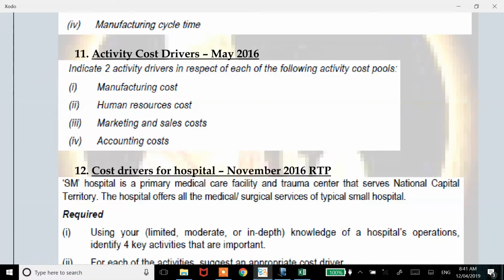You will learn when I do TQM, I can classify something as prevention, and I can classify that also as appraisal. That depends on what assumption I am taking. So my answer can be prevention cost, and it can be appraisal cost also. So when I write in the exam, I'll write the category and a reason why I am categorizing it that way.